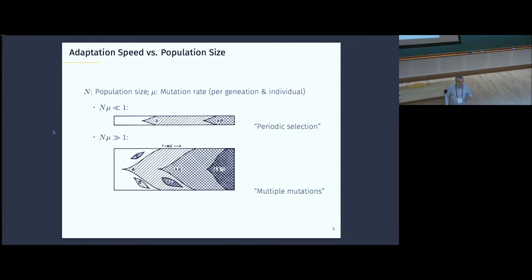Then in this case, the locus in which C appears might be different from the locus in which A appears. And then by recombination, they could find themselves together in the same genotype. This genotype will now have the double advantage, and it will be much easier for it to spread the different alleles in the population.